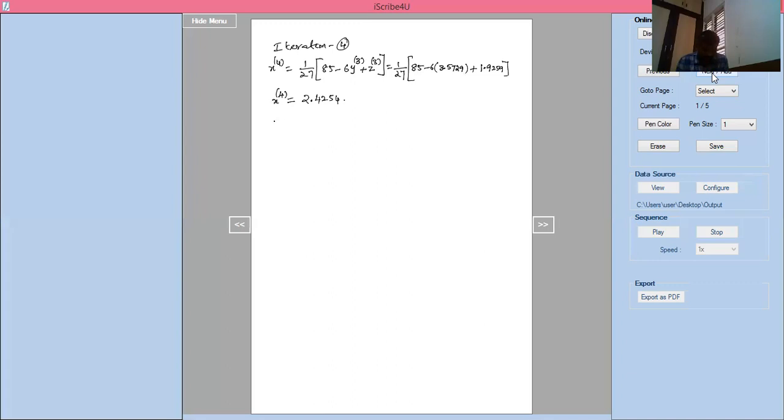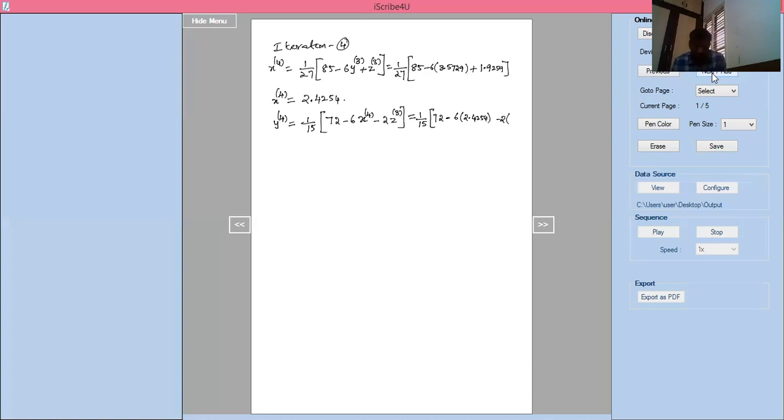Next, after x of 4, y of 4. Y of 4 is 1 by 15 into 72 minus 6 into x of 4 minus 2 into z of 3. So now I'll write 1 by 15 into 72 minus 6 into 2.4254 minus 2 into z of 3.